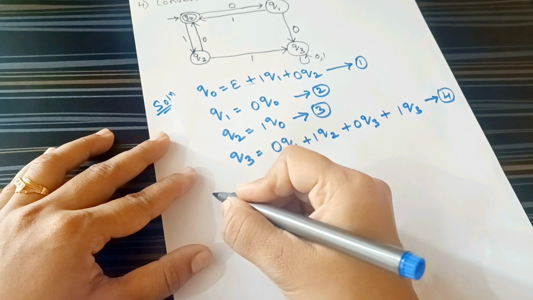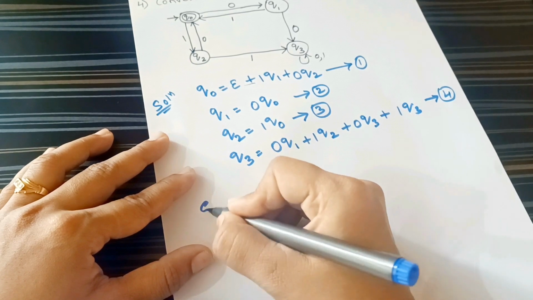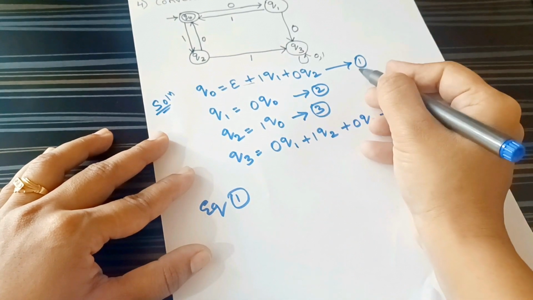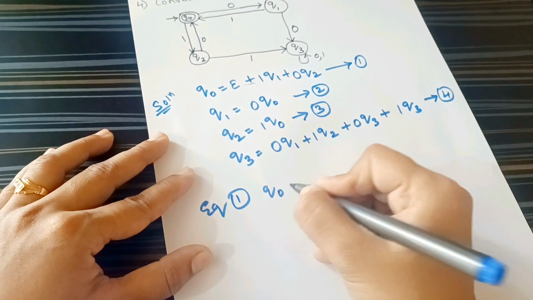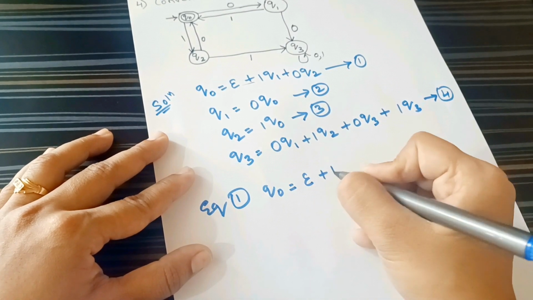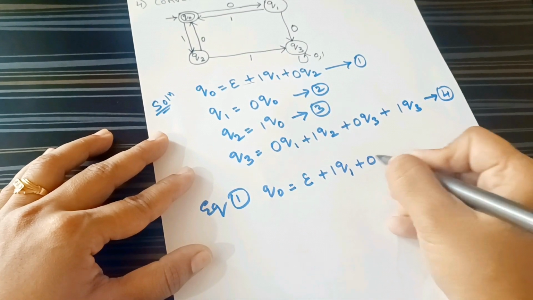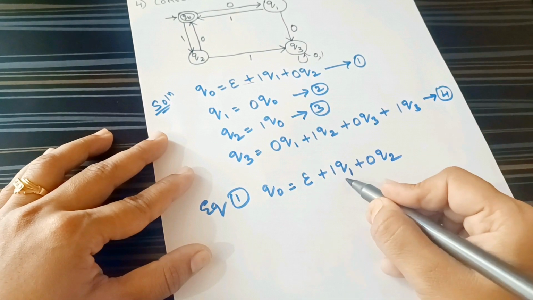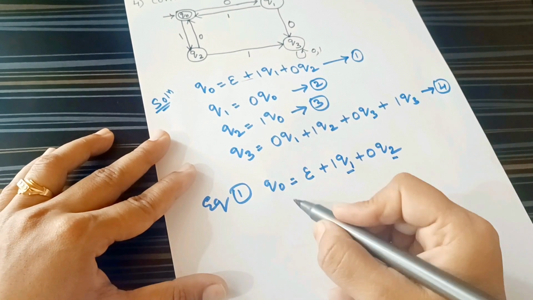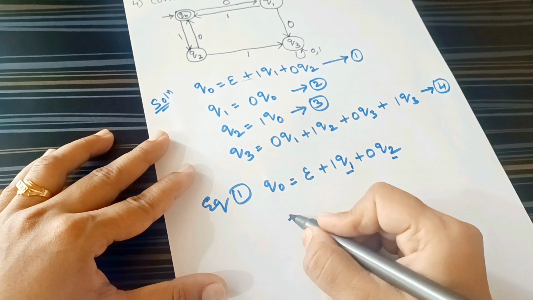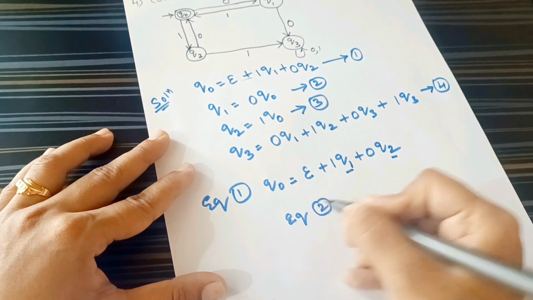So now we'll substitute into equation 1. Equation 1 says Q0 is equal to epsilon plus 1 into Q1 plus 0 into Q2. In place of Q1 and Q2, we can substitute equations 2 and 3.